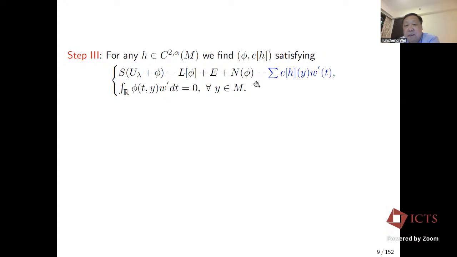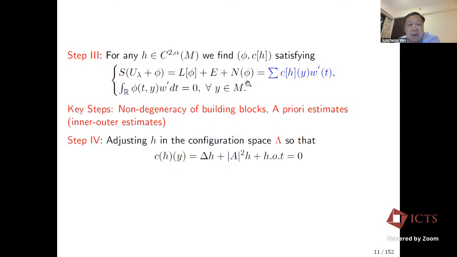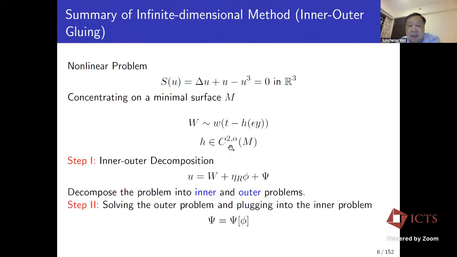We solve this up to a function times multiplier, but the multiplier is now a function. Then we adjust the function h so that the multiplier function is 0. And this becomes a Jacobi operator. So this is what I discussed last time.